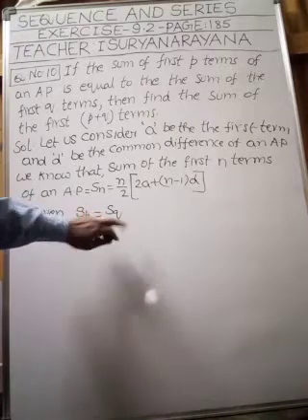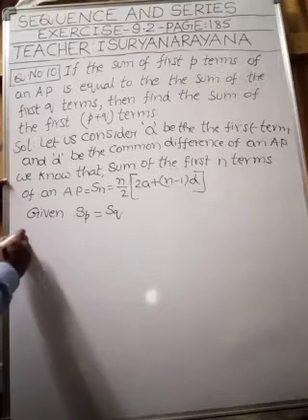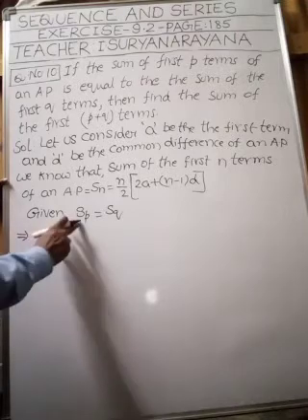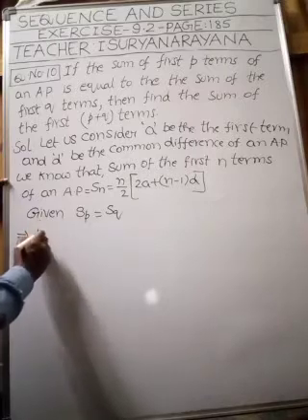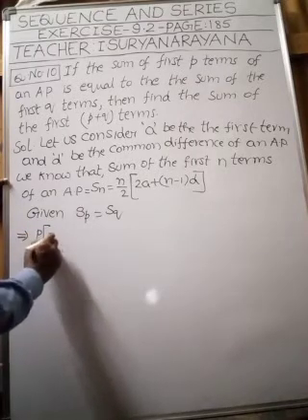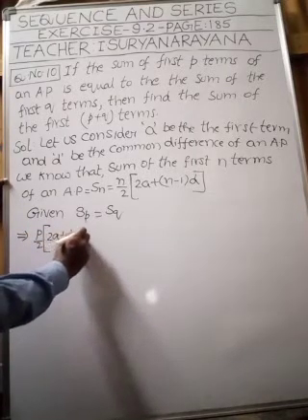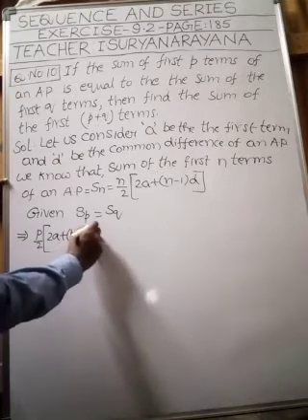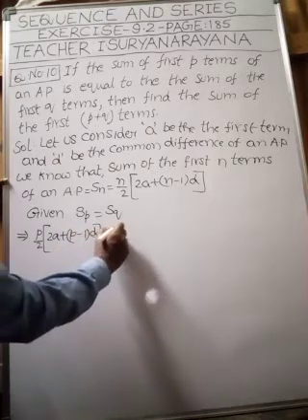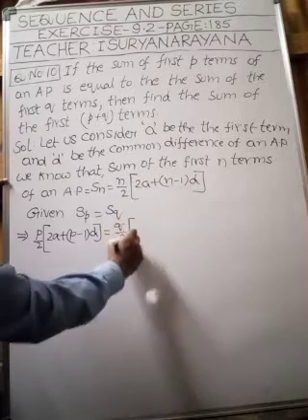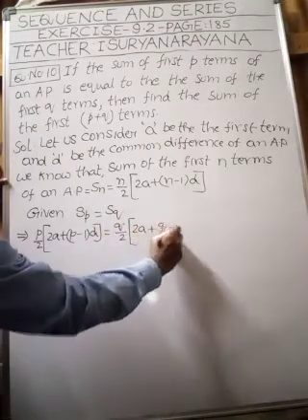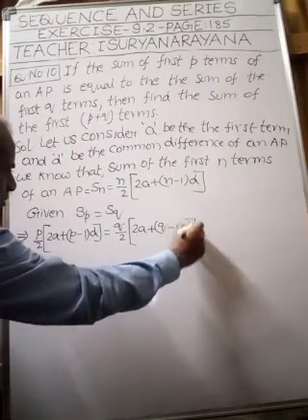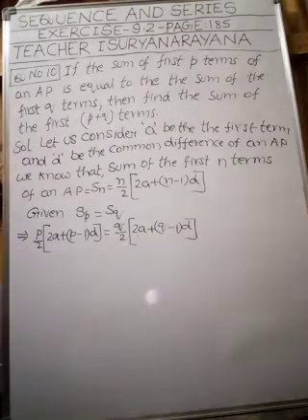Okay, my children, understood this step? Right. In the place of n, write p. So p by 2 into 2a plus p minus 1 into d is equal to q by 2 into 2a plus q minus 1 into d. Understood this step, my children?